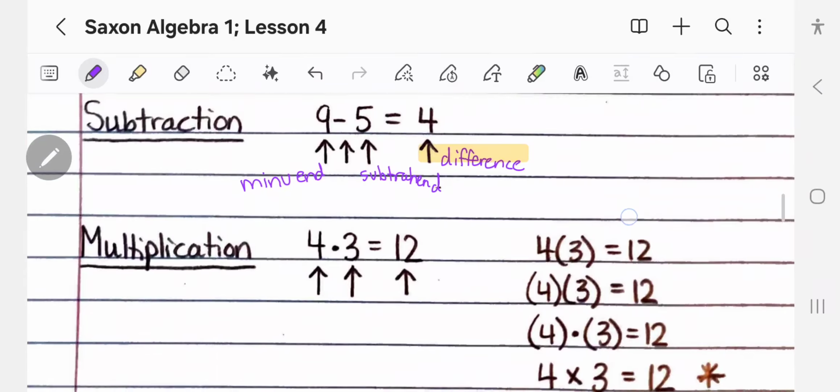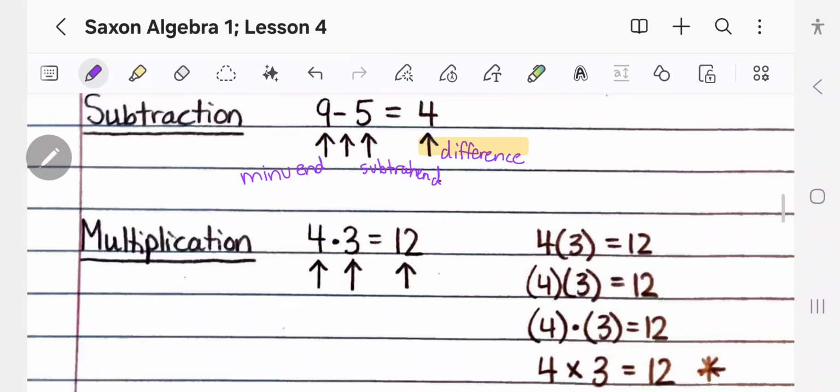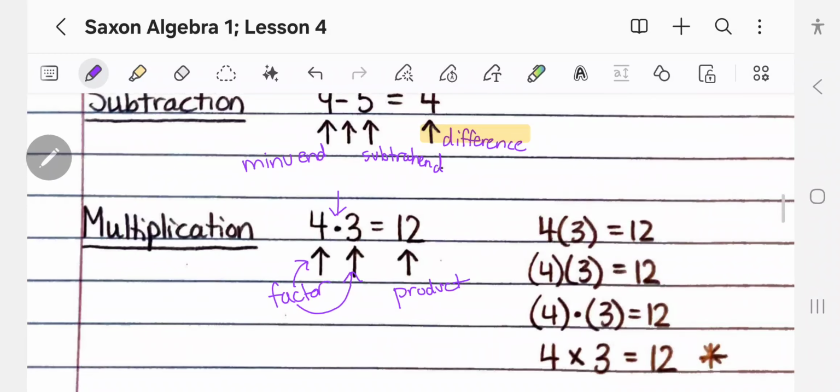Now, in multiplication, we have factors. So we've got the 4 is a factor, and the 3 is a factor, and then we have the multiplication symbol in between, and then the answer to a multiplication problem is a product. Now, I wrote out the side here some other ways you can write multiplication.